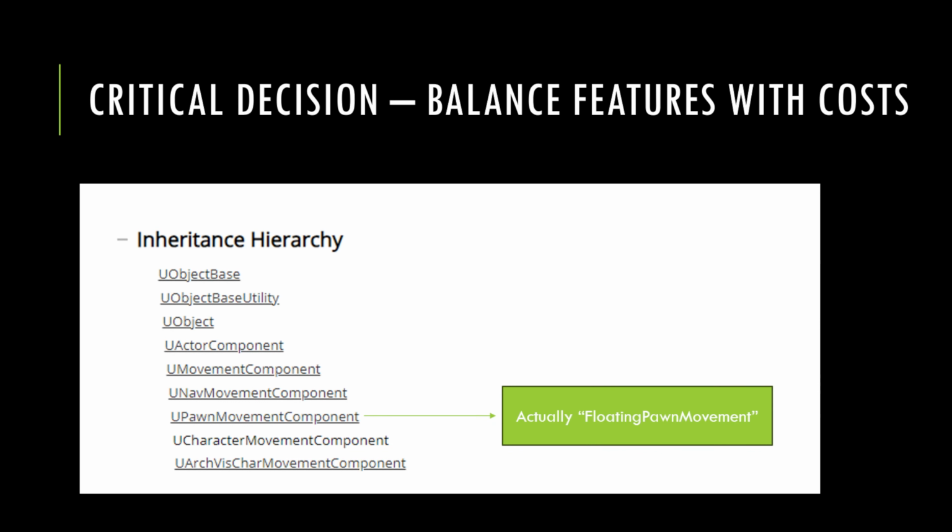So the happy medium was the pawn movement component. Actually, what Unreal does is they provide you the floating pawn movement, so you can't actually use the base pawn movement component.